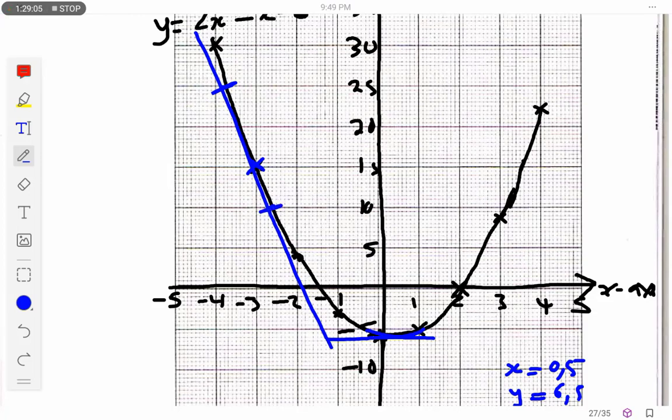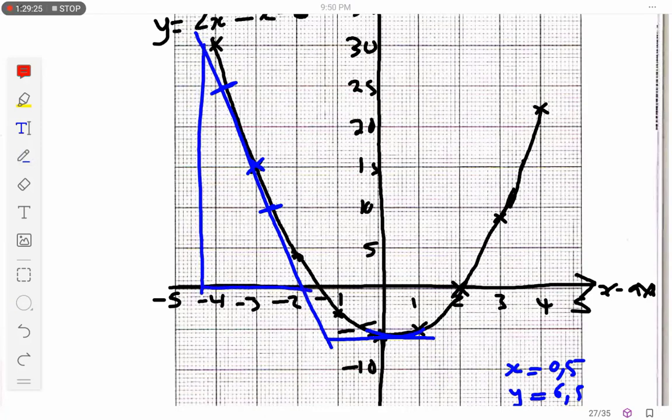Okay, now let's find our gradient. We can take points far away from each other. Those ones can help us to find the gradient. So I'm going to take these points here, down here, and that point there.